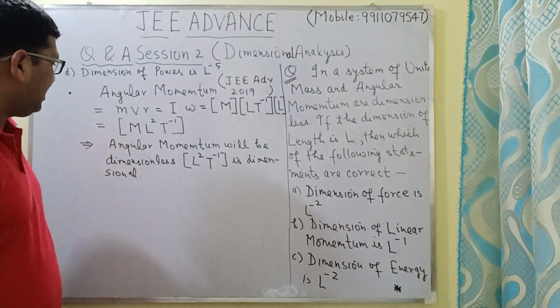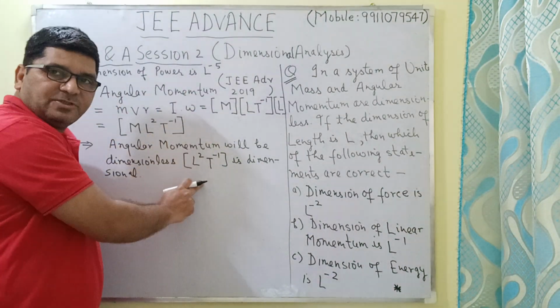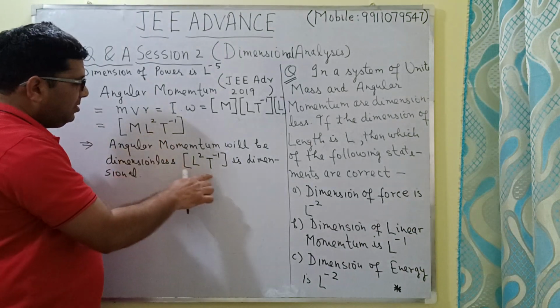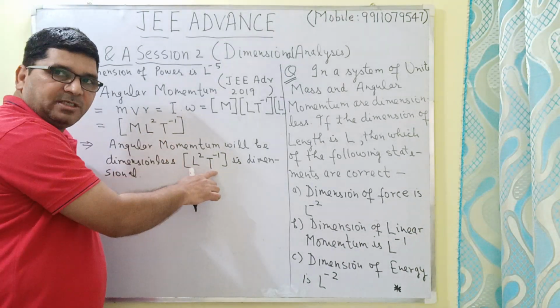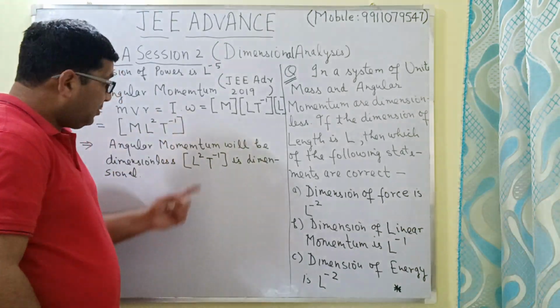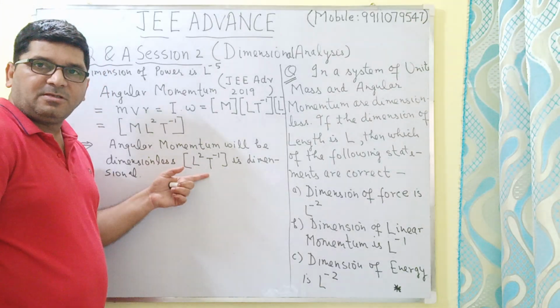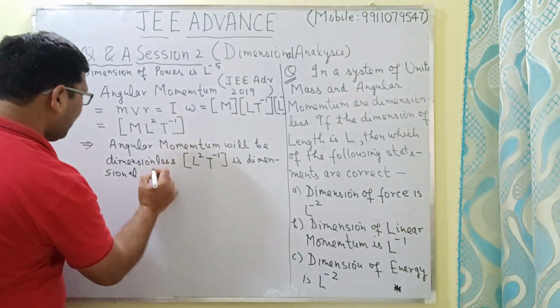So if mass is dimensionless and angular momentum is also dimensionless, it means that L2 T minus 1 should also be dimensionless.